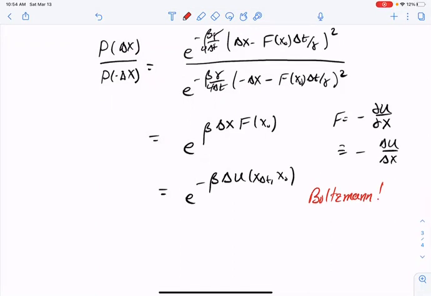Now, this is, on one hand, not super surprising if we think about what we're actually doing. The equation of motion, this overdamped Langevin equation, came about from considering some tagged degree of freedom that was in contact with a heat bath, a bath that was linearly responding and did not depart from equilibrium.